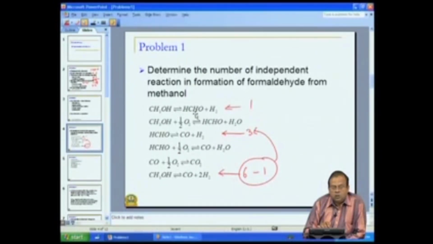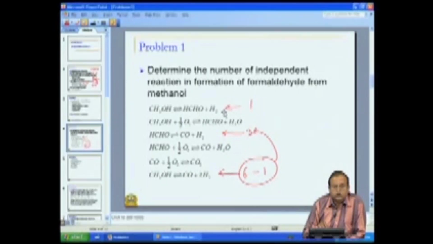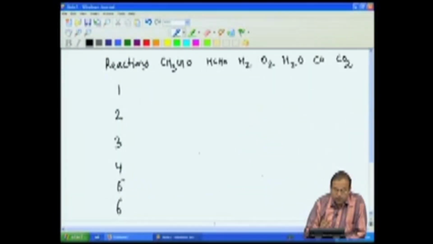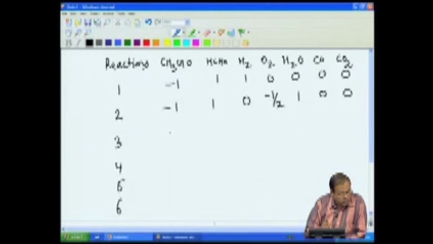Formaldehyde being product as +1 and hydrogen also being product as +1, and there are no other species. So, I will write my first entry as -1, 1, 1, 0, 0, 0, 0. If I do the same thing for the second reaction and so on, I will get this particular stoichiometric matrix.